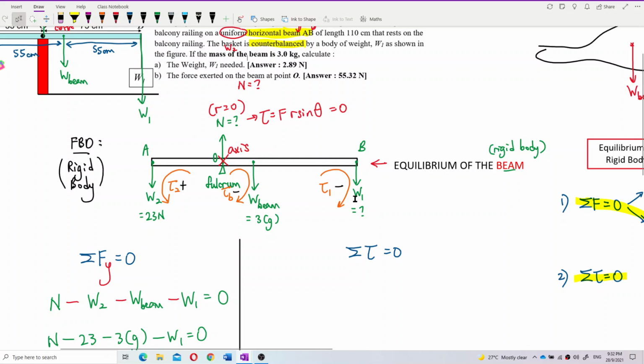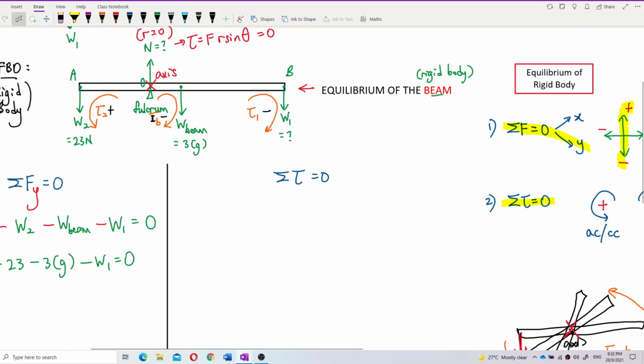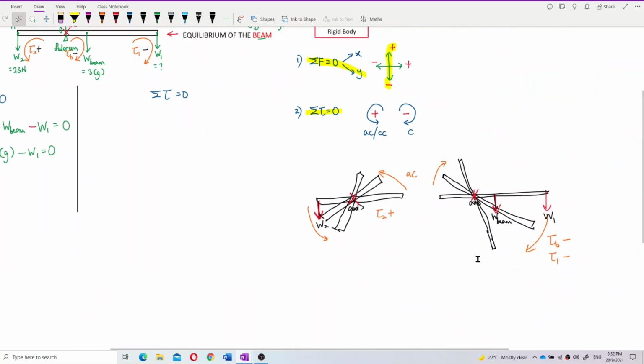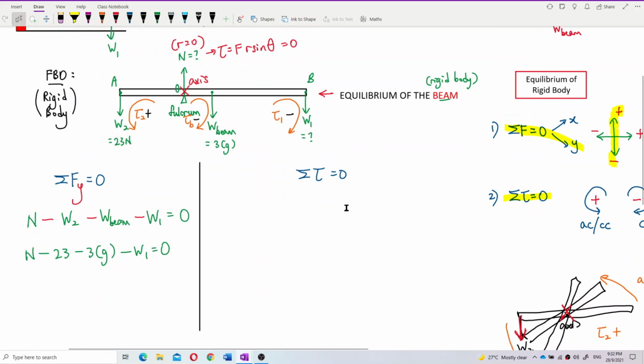Okay, so now let us build into equations. Okay, I have explained about the direction and also the positive and negative sign related to the direction of rotation. That's it. Okay, you can refer to this one. Okay, so now look at this one. So we have start with torque 2.